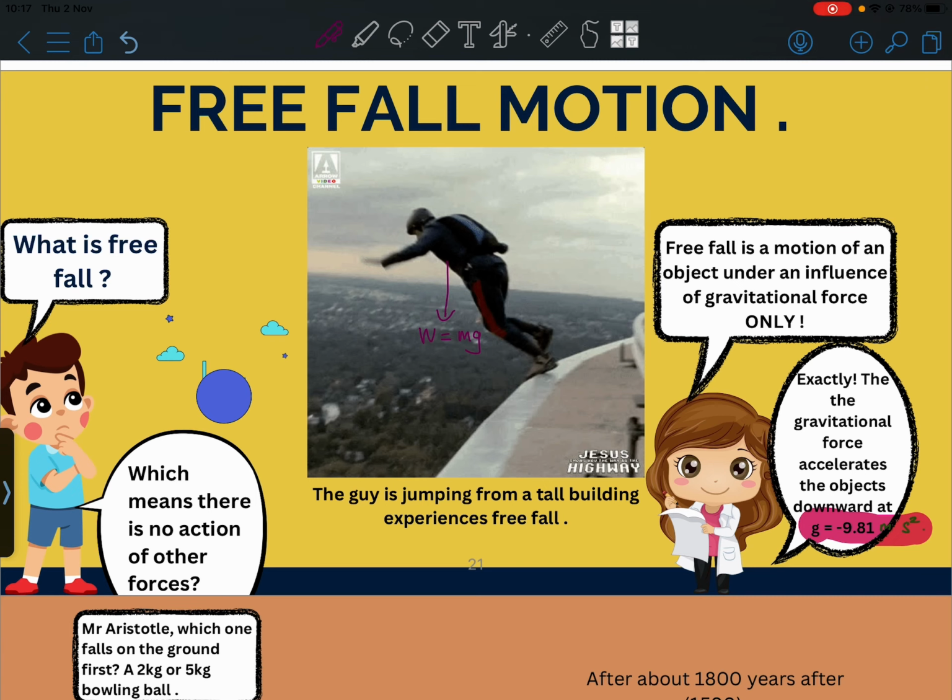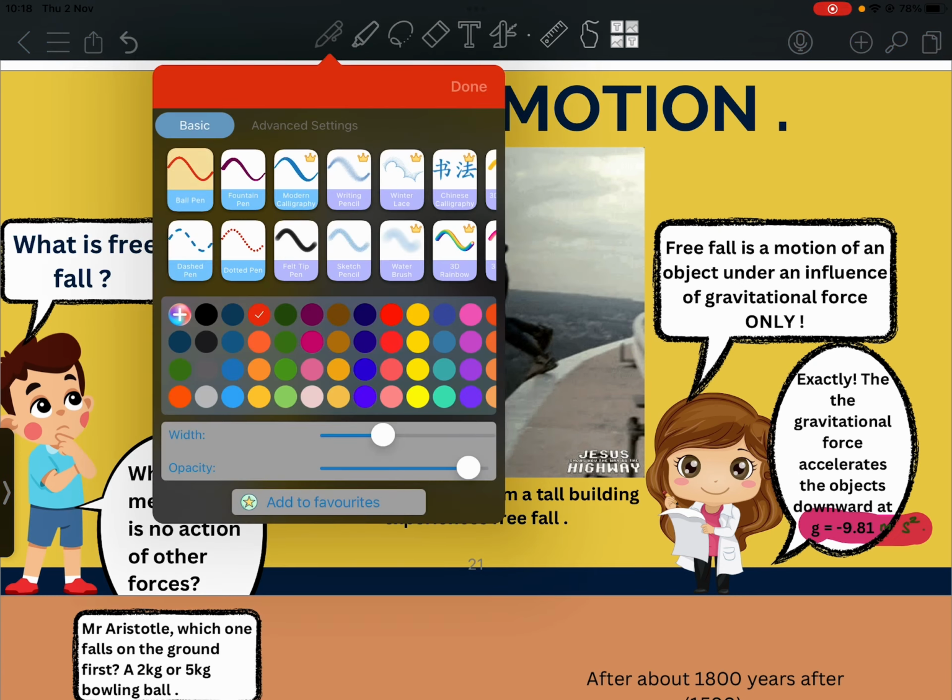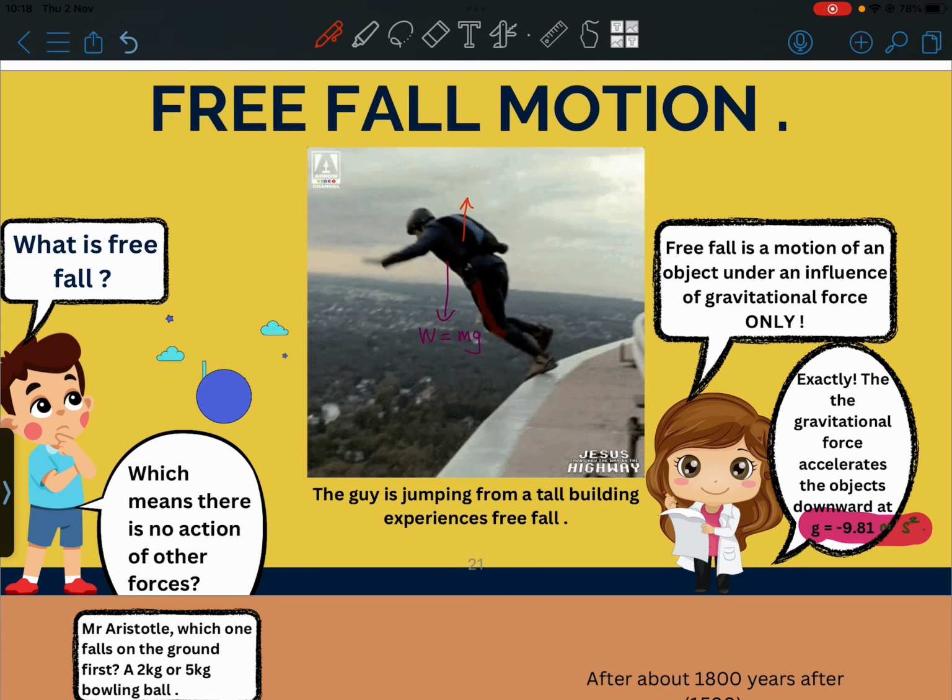But because we are on Earth, where we have air resistance due to the air particles, our body or an object will collide with the air particles. These air particles will create a sort of resistance.